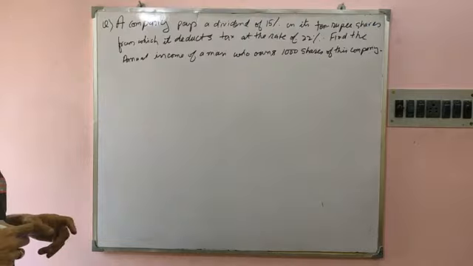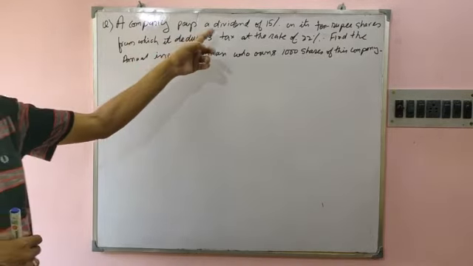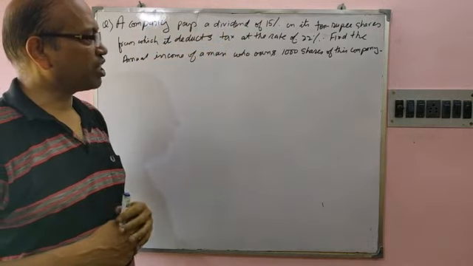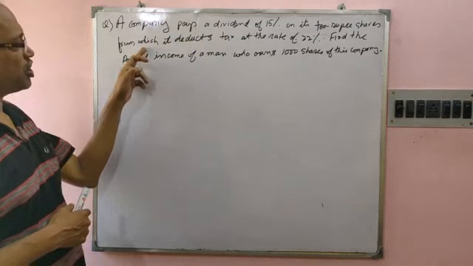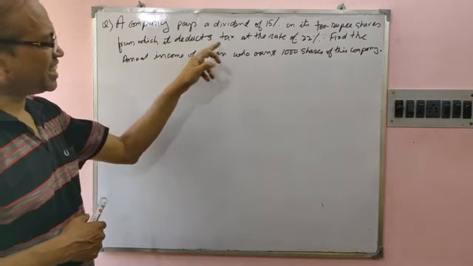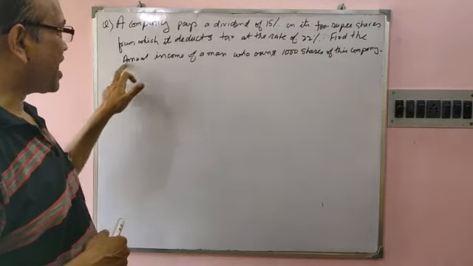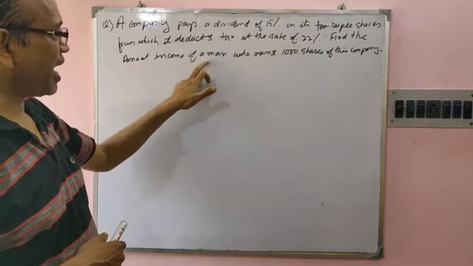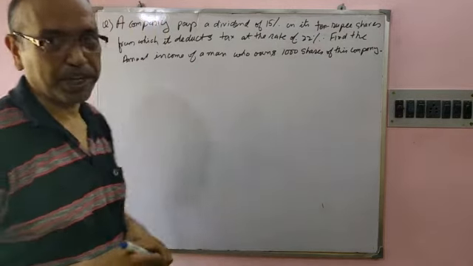Okay. Next question. A company pays a dividend of 15% on its 10 rupee shares, from which it deducts tax at the rate of 22%. Find the annual income of a man who owns 1000 shares of this company.